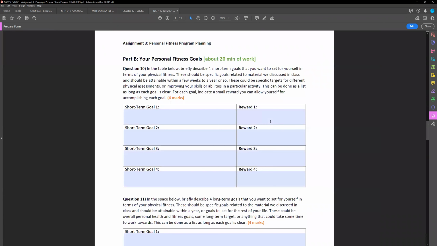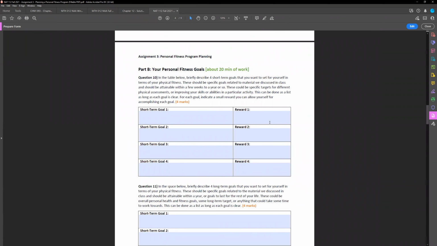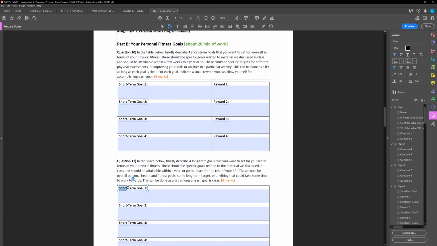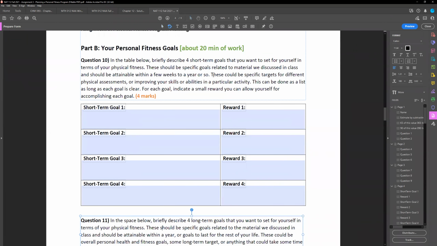Then we have our fitness goals. As we talked about last class, I want you to identify 4 short-term goals and 4 long-term goals that you have for your fitness program. For instance, a short-term goal, I say, is something you could achieve in the next couple of weeks or maybe a year.